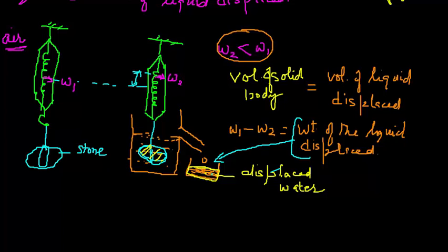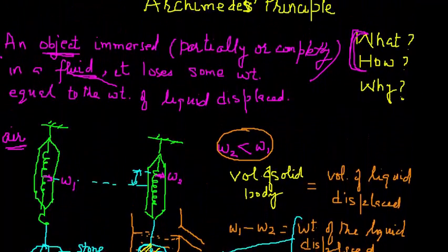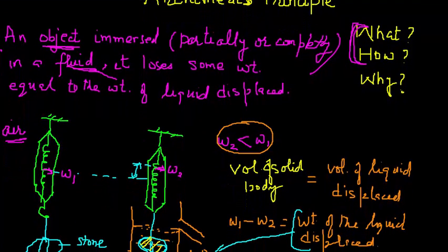Now there are further problems and calculations based upon it, but this is the basic essence of Archimedes principle. Let's revise in a few moments what we have done. The definition says that whenever any solid object is immersed partially or completely in a fluid, it loses some weight, and the loss in weight is equal to the weight of the liquid displaced.